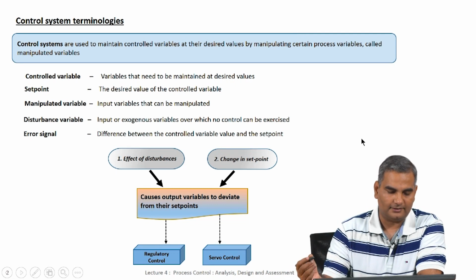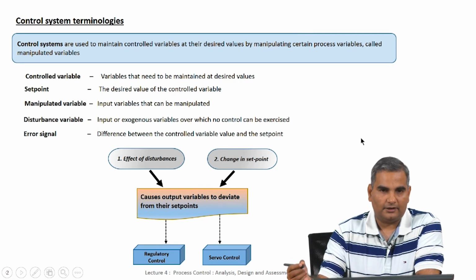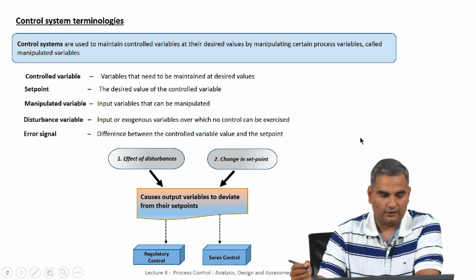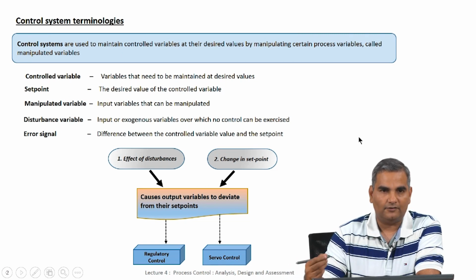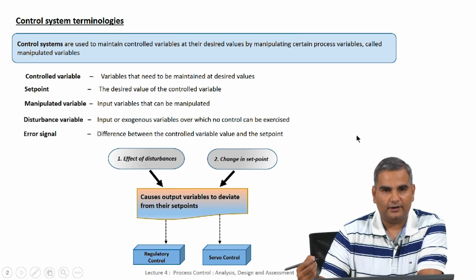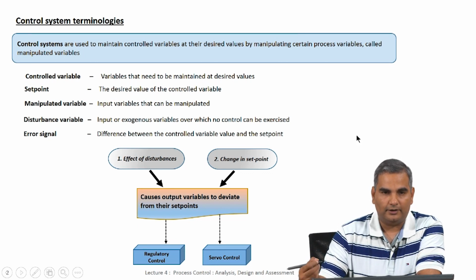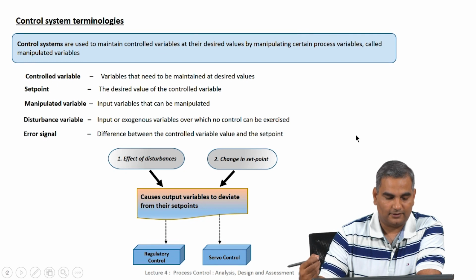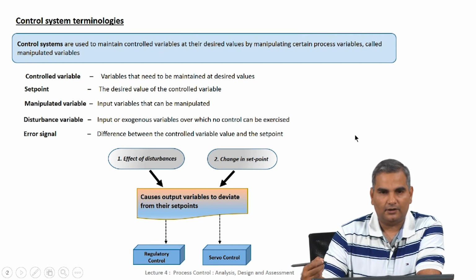We already discussed that a control variable is a variable that needs to be maintained at its desired value. Set point is a value that you want the control variable to take. Manipulated variable is the input variable that you are manipulating, so that the control variable takes the desired value. Disturbance variables are input or exogenous variables, that is outside the control of the system, over which we have no control.